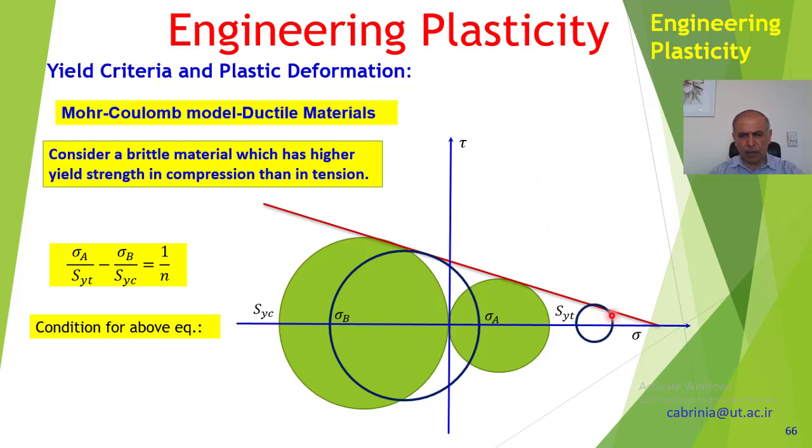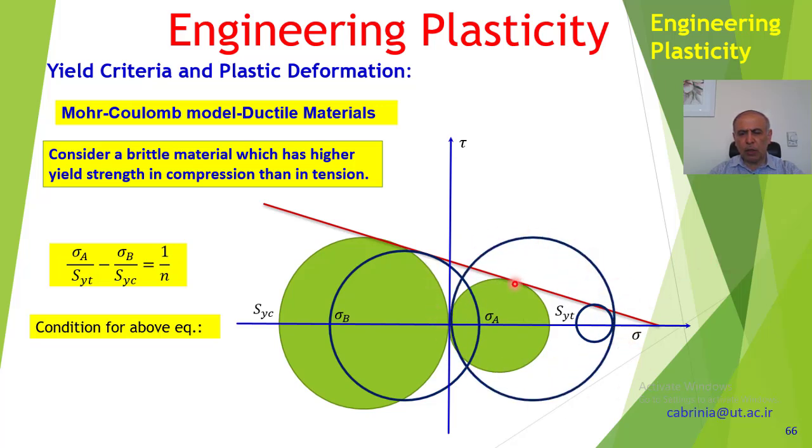If, for instance, we have a loading case like a smaller circle, it is in the envelope, and so does the yielding occur or not? Well, obviously, looking just at this circle, yielding would not occur, but this is in-plane loading or out-of-plane loading.